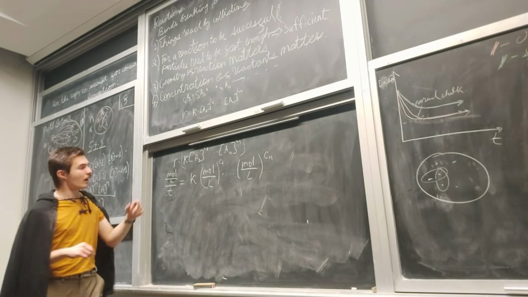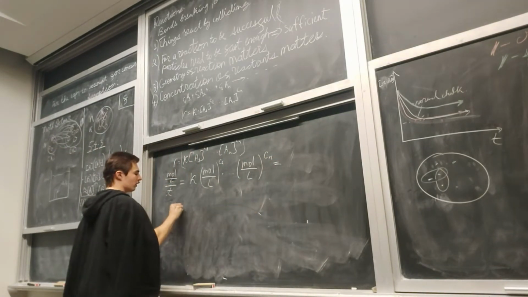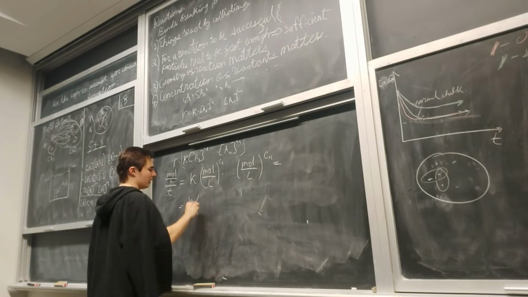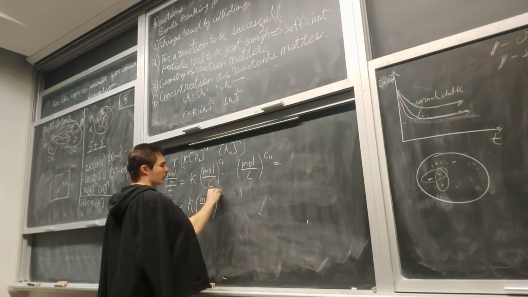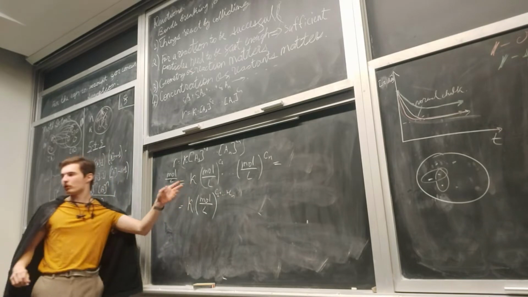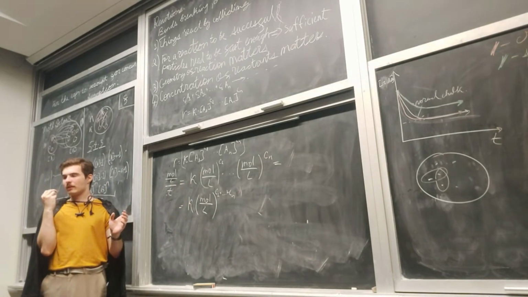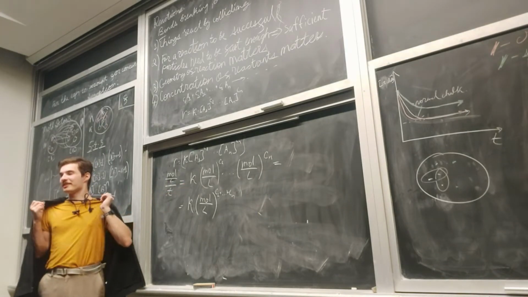Okay, good. Now we can rewrite this as moles per liter. So this is equal to the units of K, of moles per liter to the power of C1 plus everything up to Cn. People understand how multiplying and then adding powers works, yes? This isn't the difficult part yet.